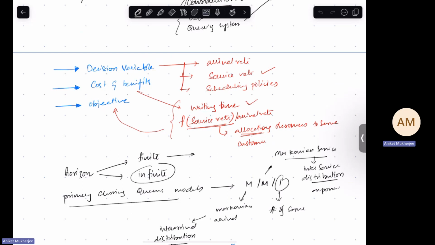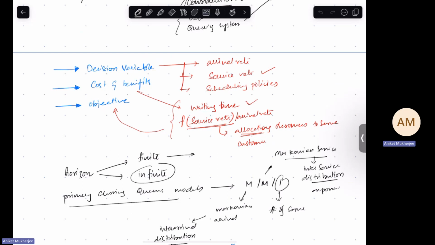One example of a scheduling policy is he could choose the first arrival who has arrived to serve first. That would be first come first serve, first in first out, FIFO service. He could choose to do the shortest job first service or something similar. There are many scheduling policies which we'll look at later.